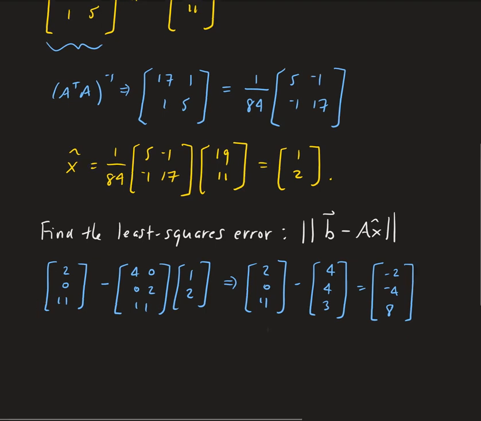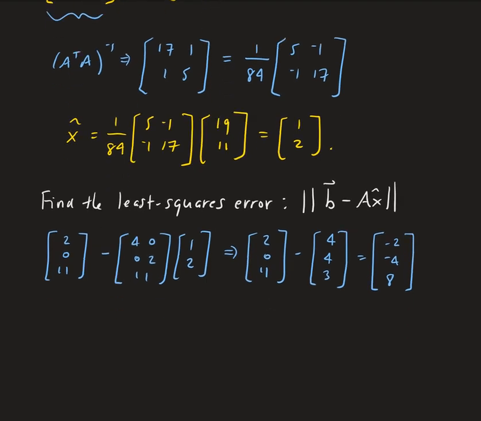Now we have the difference of b and A x hat. We need to calculate the length of that. The length of the vector is just squaring the components and then taking the square root.